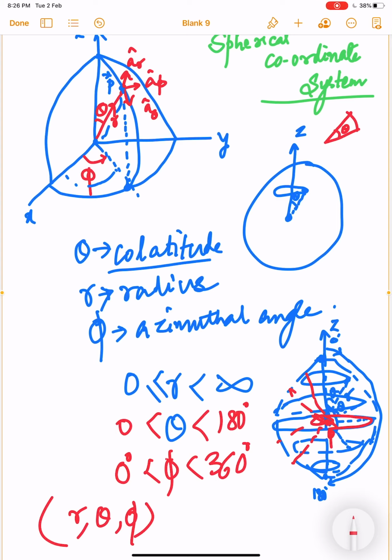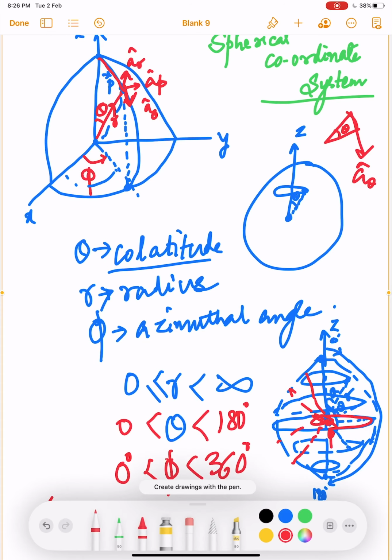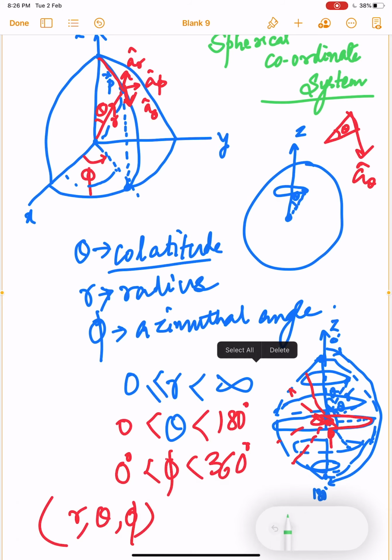If you draw a tangent to this sector, this will be your A theta cap. So this portion's tangent is along this direction. So this is what you can say as your A theta.